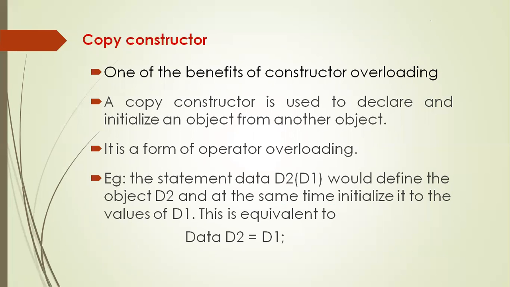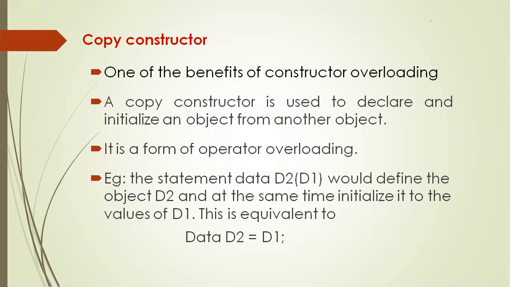So it's a form of operator overloading. Let us take this example. This is the way a copy constructor is used. The statement D2 inside the bracket D1. Here D1 is one object, D2 is one object. So at the time of declaring object D2, inside the parentheses, you are specifying another object called D1. First, the object D1 is already created with the values for the data members.